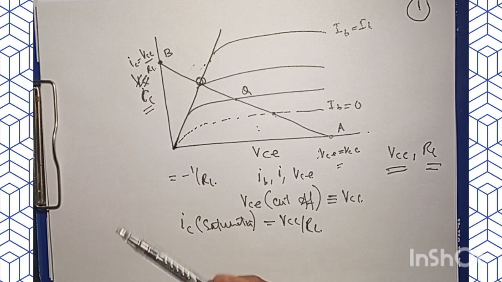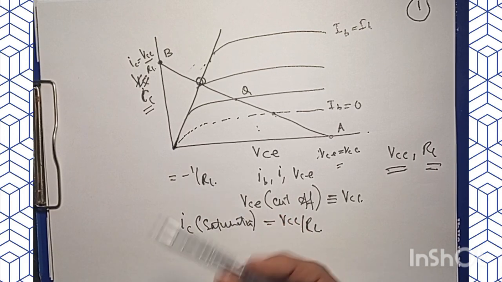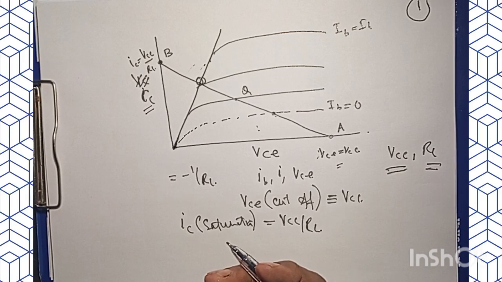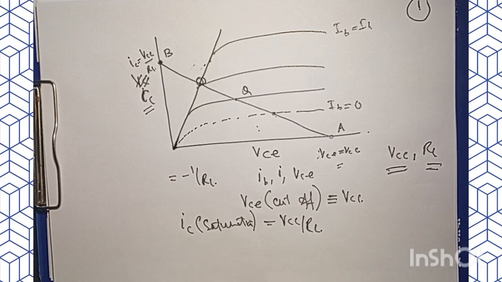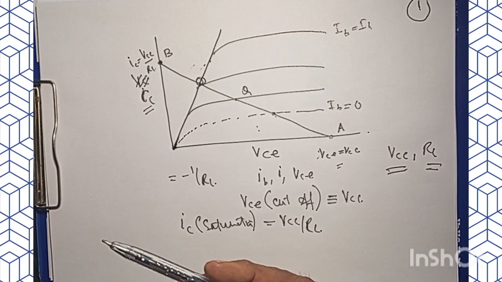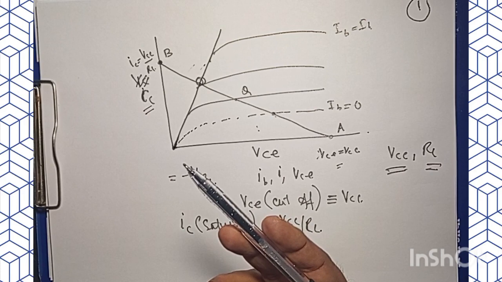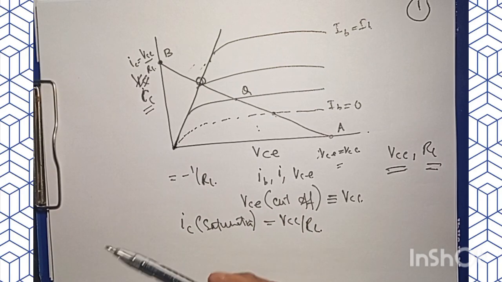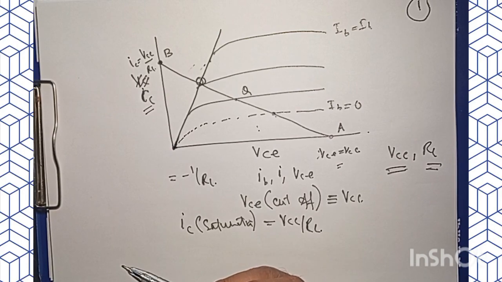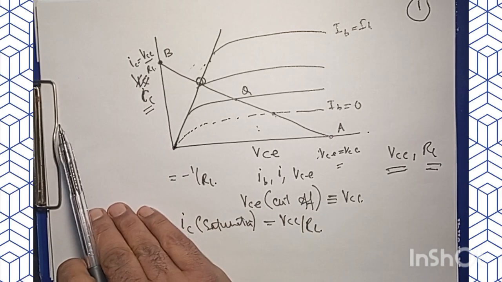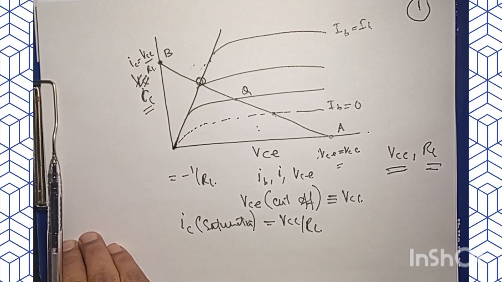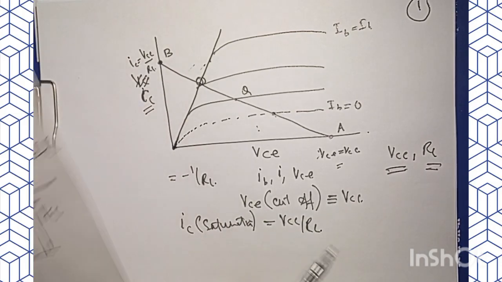Now, we talked about the DC load line. If we talk about the AC load line for the same case, every amplifier will see the AC load line along with the DC load line, right? The AC load line may be found by the equivalent impedance of the circuit components from the emitter to collector.